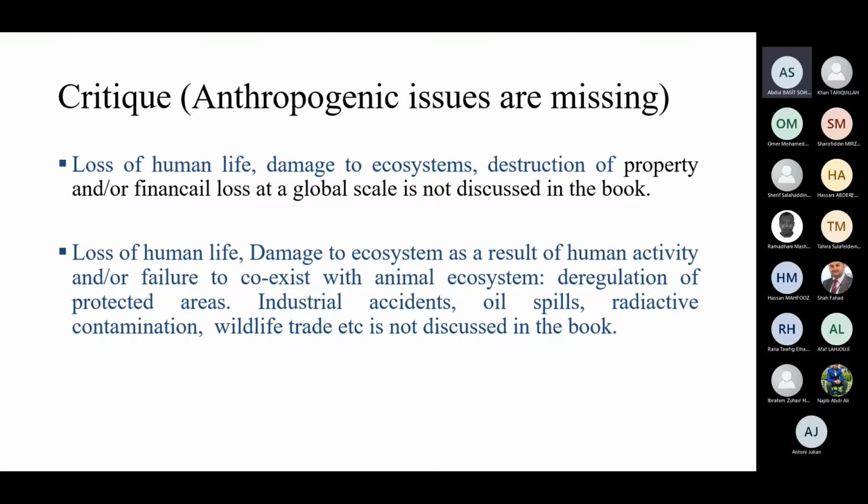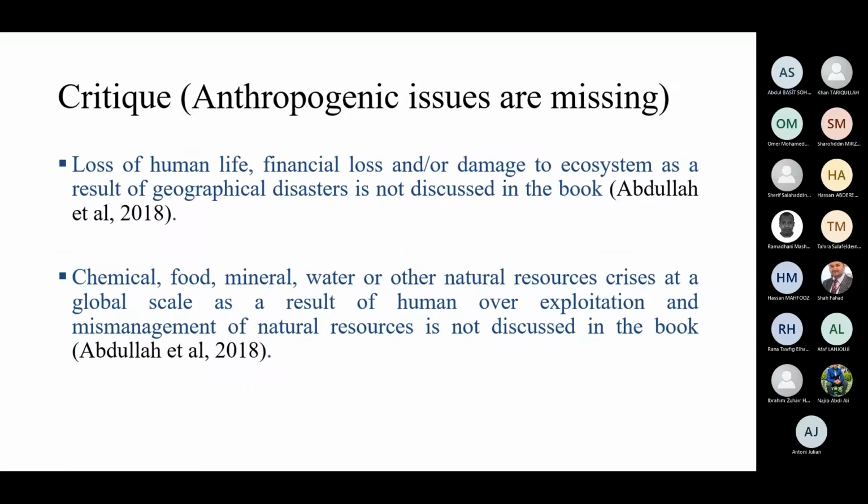Radioactive contamination, wildlife trade is missing in the book. These are further points that are missing in the book. Chemical, food, mineral, water, or other natural resources crisis at a global scale as a result of human overexploitation and mismanagement of natural resources is not mentioned or discussed in the book.